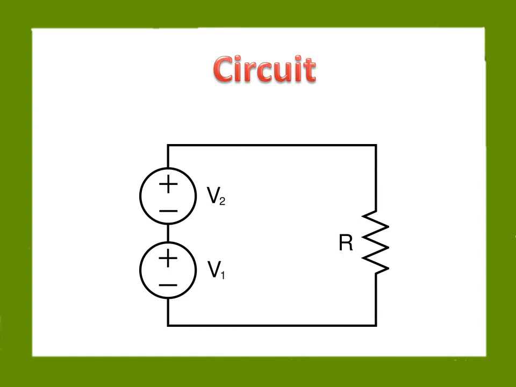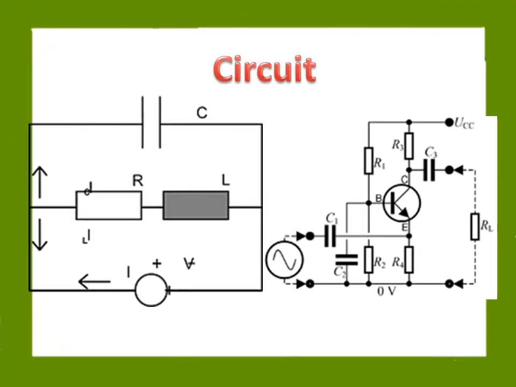Alright, this is just another circuit diagram, but we have V1, V2, and R, a resistor. That's just to give you an idea of another diagram. Alright, so these are two more involved circuits. On the left, you can see the cell, the power source, and it's a series and parallel circuit. The one on the right is a little more advanced than what we've seen so far.